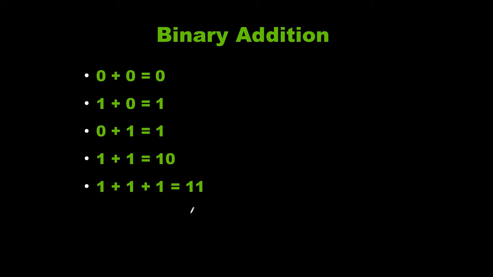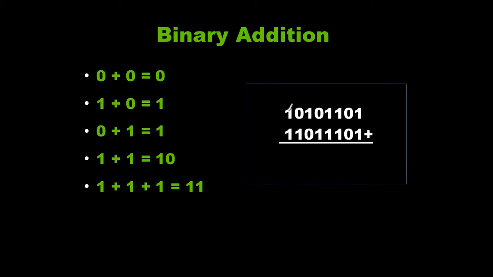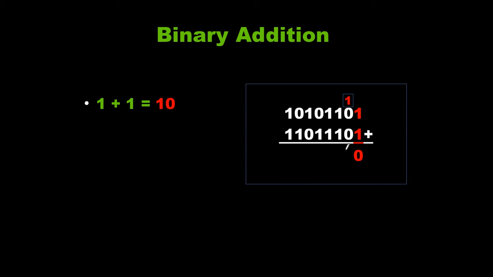So let's take this example. 1 over 1 is going to cover the first case, so it's going to be 10: 0 is the result, and 1 is my carry. 1 plus 0 is 1. Then 1 and 1, and this shows that 1 plus 1 is 10 again. I have 0 and 1.